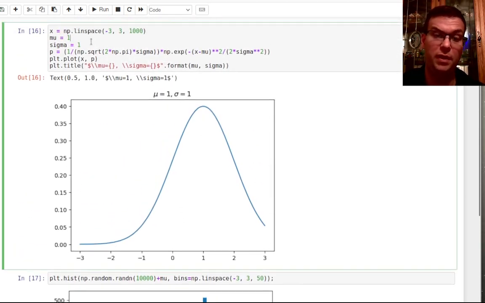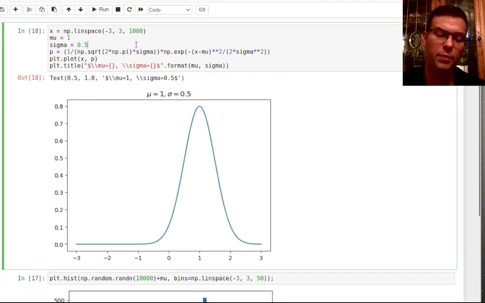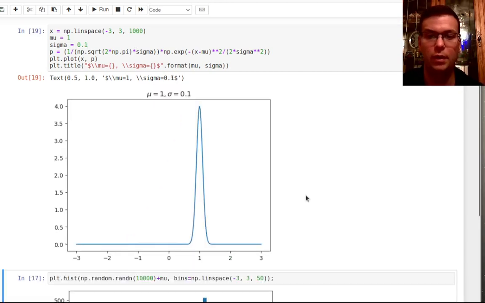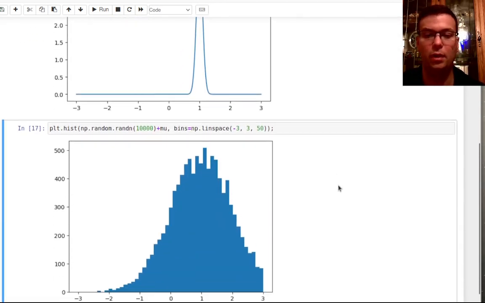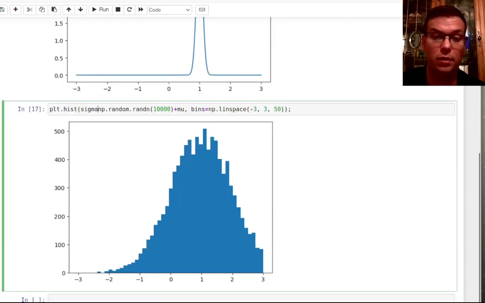And if I wanted the standard deviation to be different, let's say a little bit smaller, maybe 0.5, so that gets a little tighter there. Or let's make it really tight, like 0.1. So very tight there. What I can then do is simply write this as sigma times the output. So I multiply the outputs of NumPy's standard mean 0, sigma 1 by what I want my sigma to be, and then I add the mu.